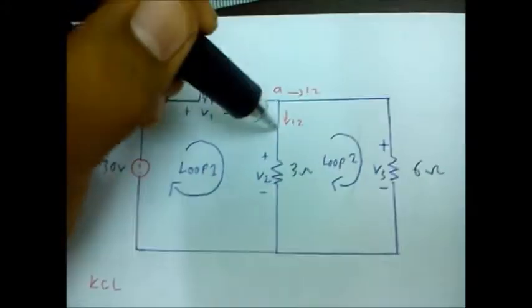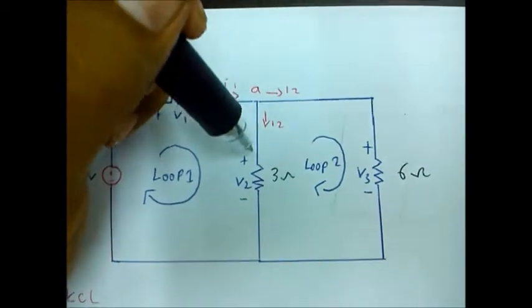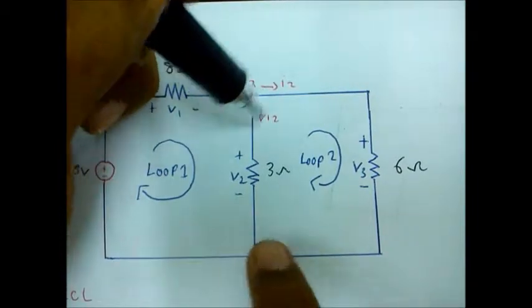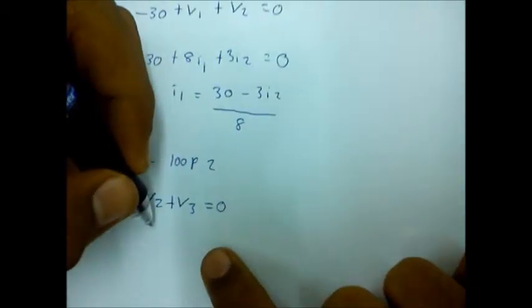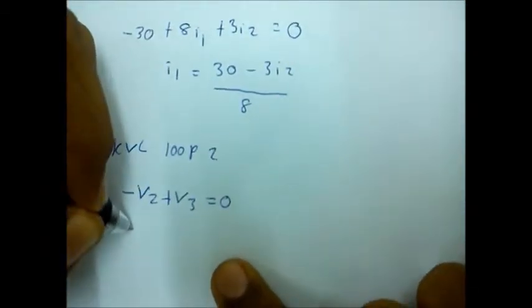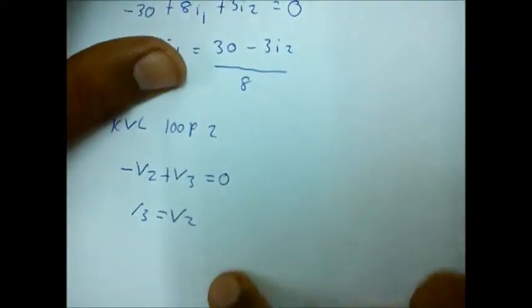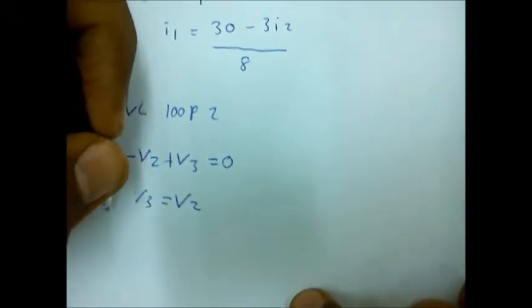We know that in this parallel circuit the voltage is the same across the resistors. So V3 equals V2, as expected, since the two resistors are in parallel.